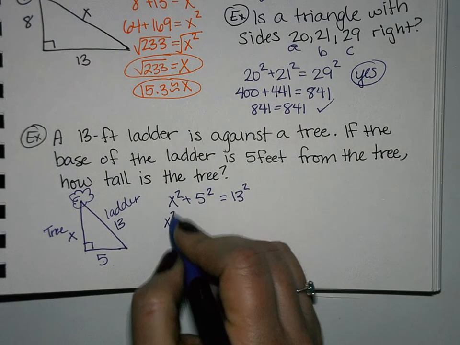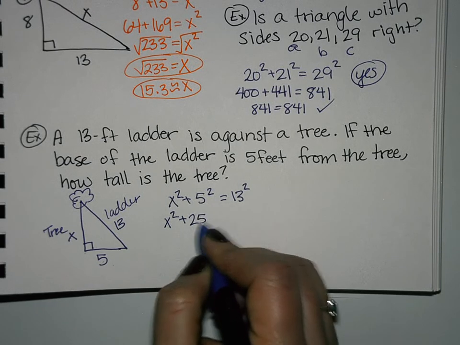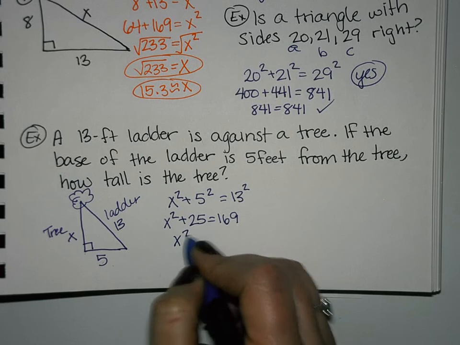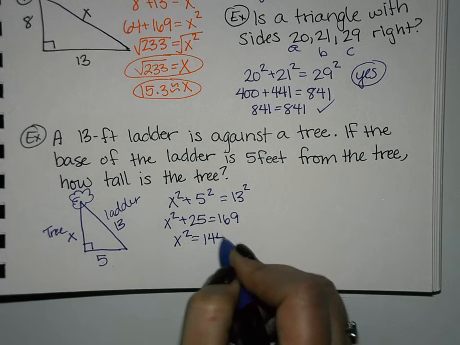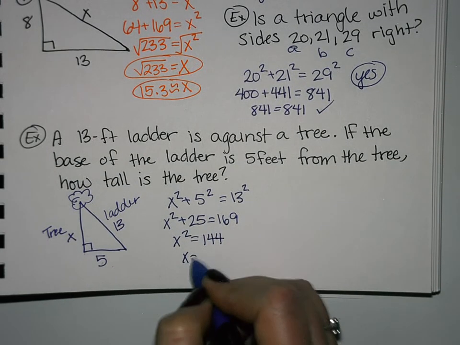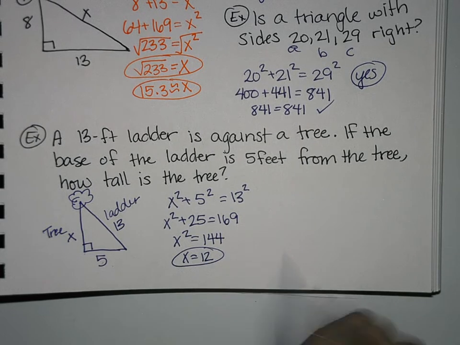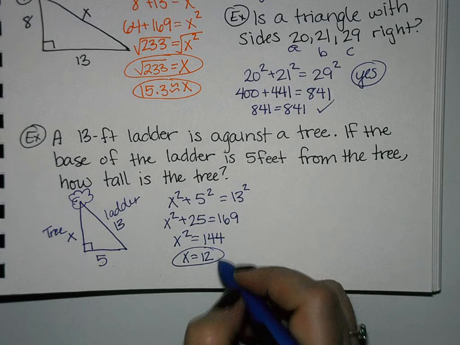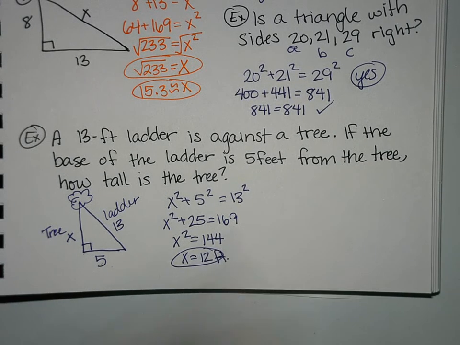So x squared plus 25 equals 169. Minus 25 from both sides, we get 144. So x is 12. So that means we have a tree that is 12 feet tall. Okay, any questions on the Pythagorean theorem or square roots, radicals?